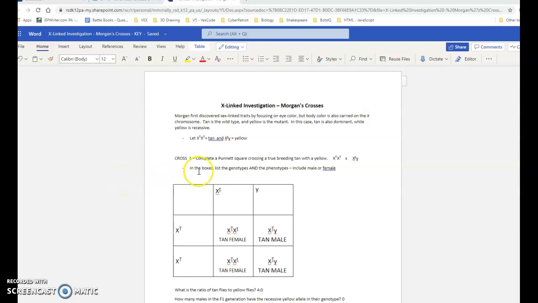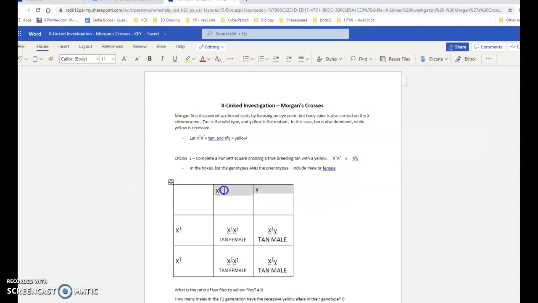Okay, so we're just going to do a quick review of these X-linked or sex-linked Punnett squares. We start off here crossing a homozygous dominant tan individual with a male that shows the recessive trait, yellow-bodied.